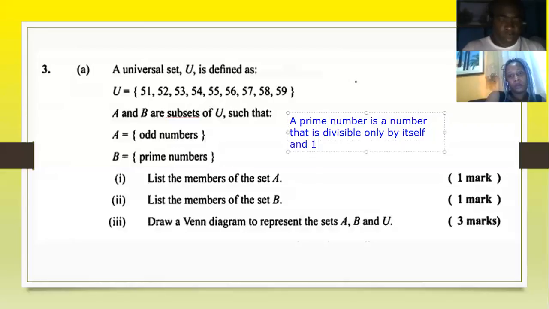All right. So I'm going to ask you now, identify the numbers in the universal set which are divisible only by itself and 1.